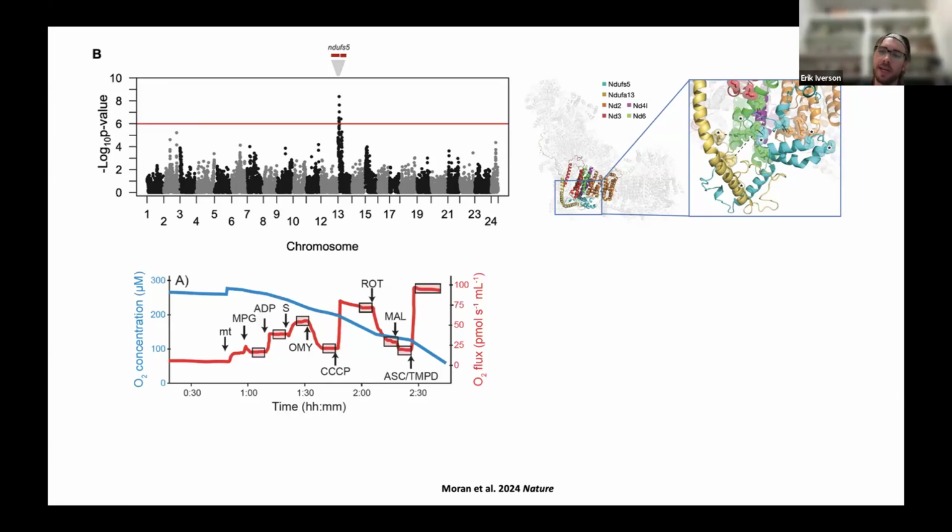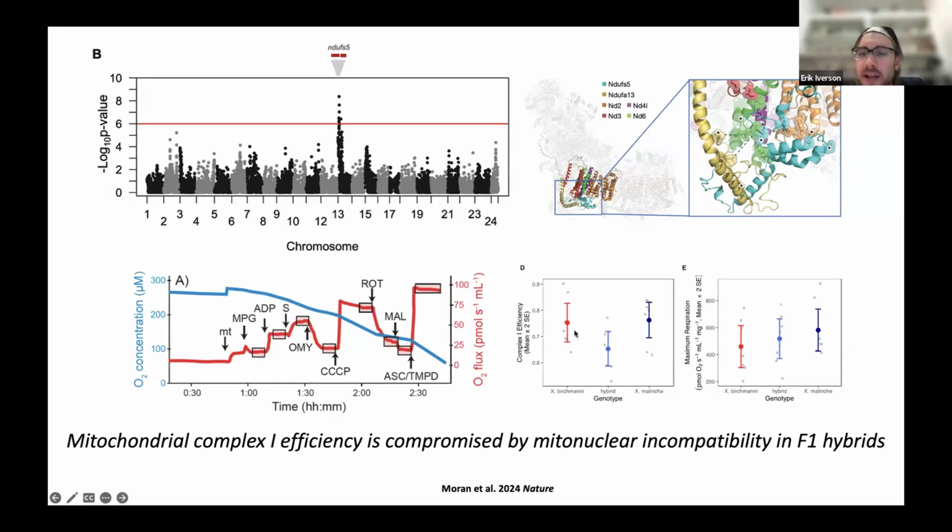And by doing this, looking at these isolated mitochondria and their respiration rate in a chamber, we can show that in F1 hybrids of these two parental species of swordtail fishes, they have a lower efficiency of complex 1, which is what we would expect if they were displaying an incompatibility between the mitochondrial and nuclear genomes. And in other mitochondrial properties that you can see on the right there, there's no difference, or they're intermediate like we would expect them to be. So this is evidence for the importance of these kinds of incompatibilities in driving reproductive isolation between species.